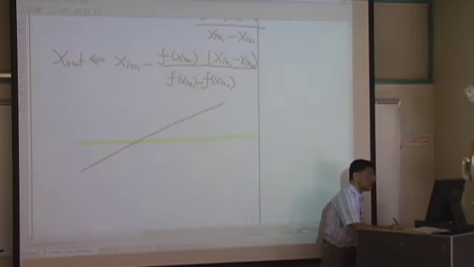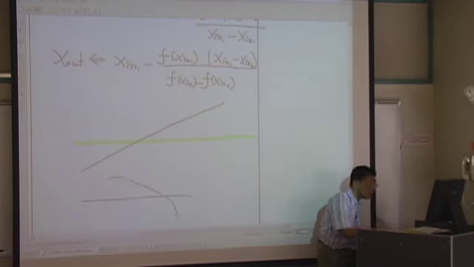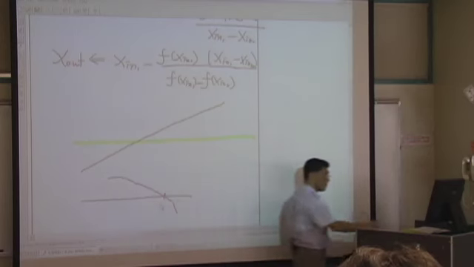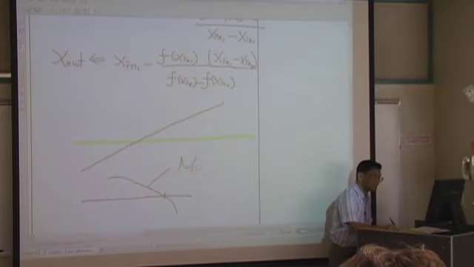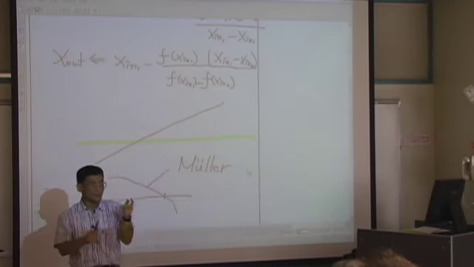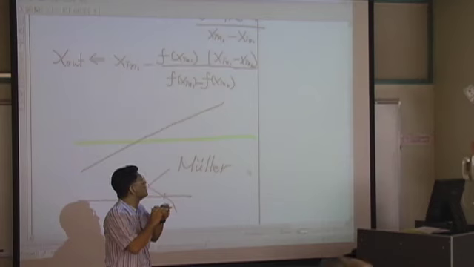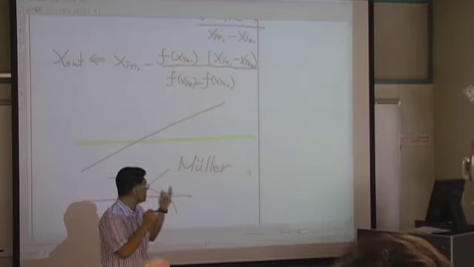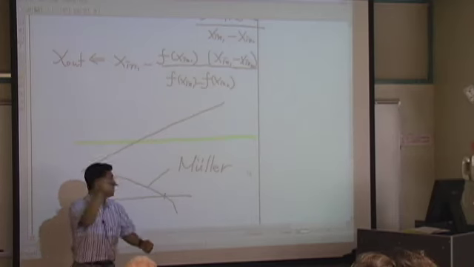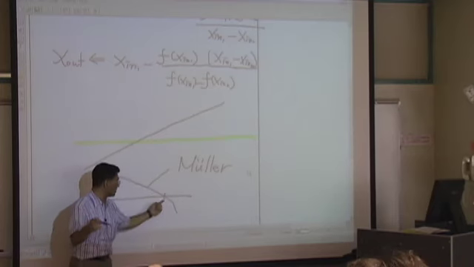Someone considered this idea, and instead of a line, used a parabola to cut it. This led us to Muller's method. Instead of a first order function, which is a line, he used a second order function, a quadratic function, to cut the horizontal line and find the intersecting point.